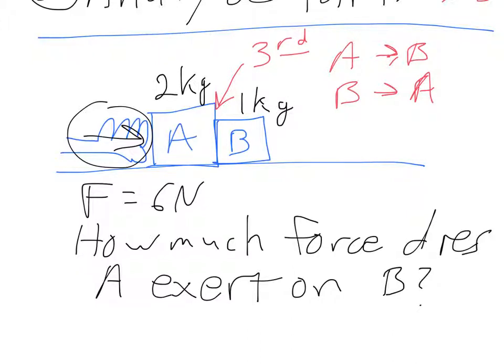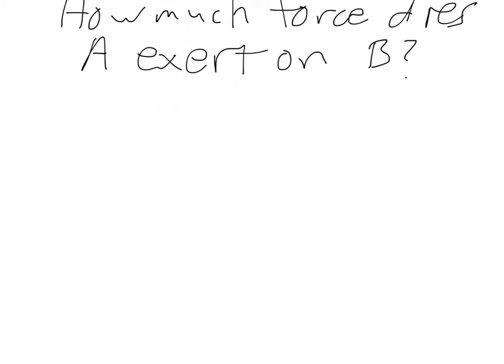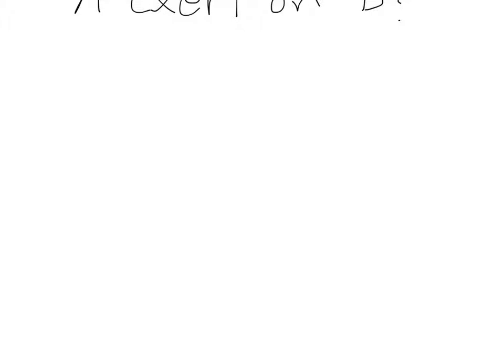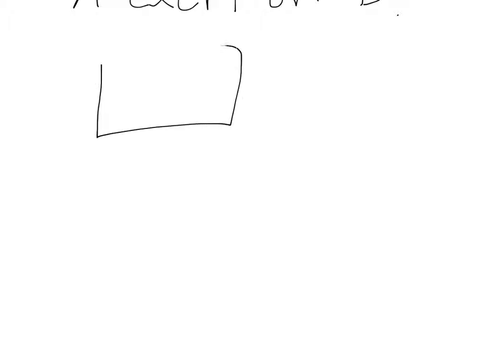What we're going to do is the general steps I outlined before. Look at the system as a whole, and then look at the individual parts. So, system as a whole. If we drew a box around this, we have A and B, and we're assuming here no friction.